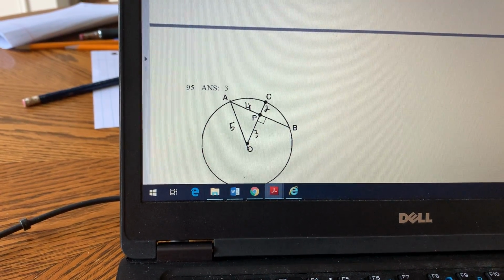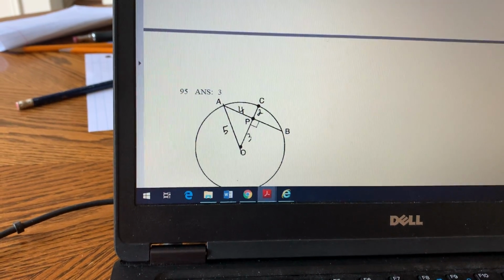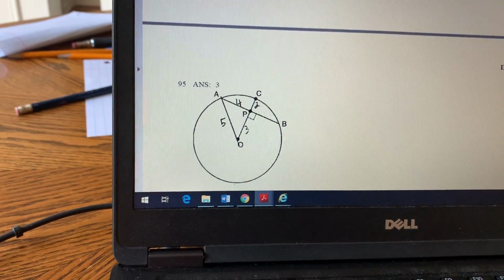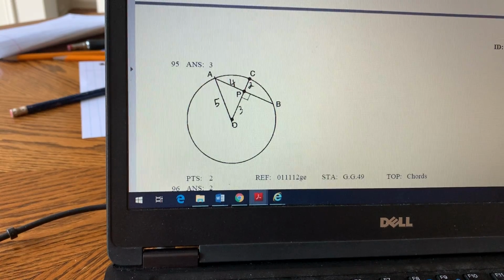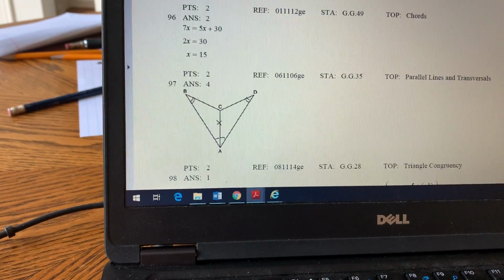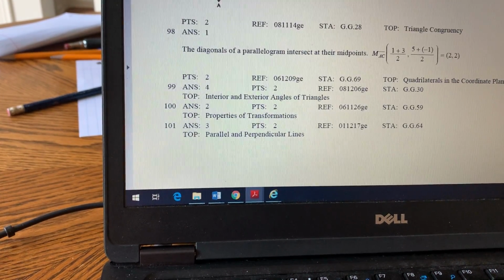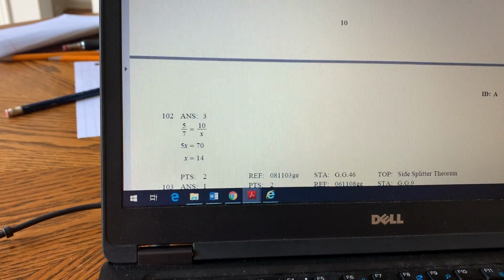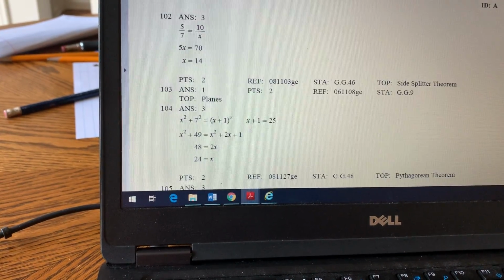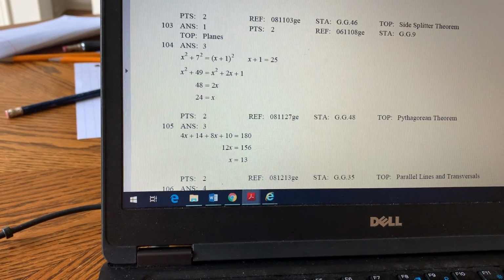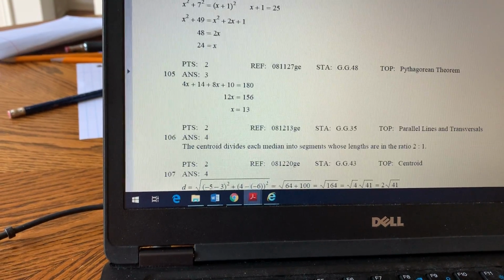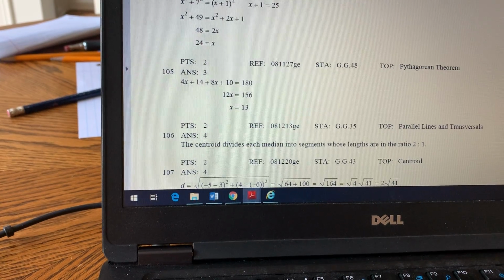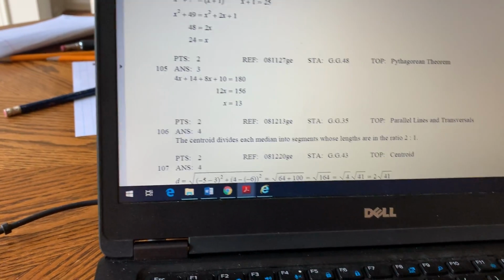There's a lot of 4s too, but I'm not going to go back and count those. 95 is 30. That's one of the ones we just did. 101 is 31. 104 is 32. Again, just did that. 105 is 33. And that was the last one we did. So 33 out of 106.